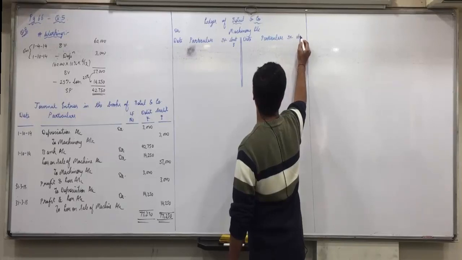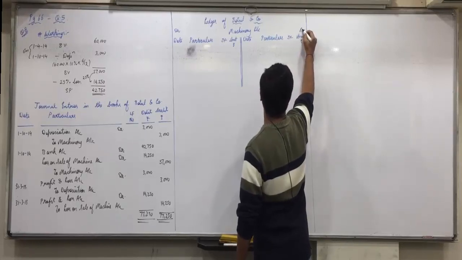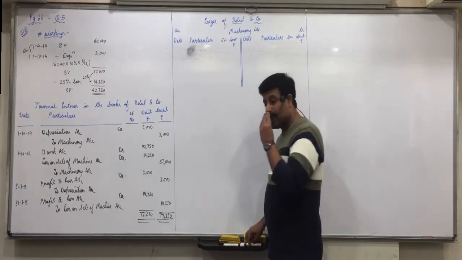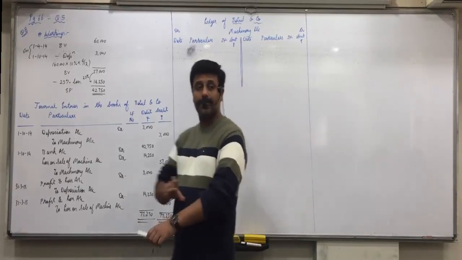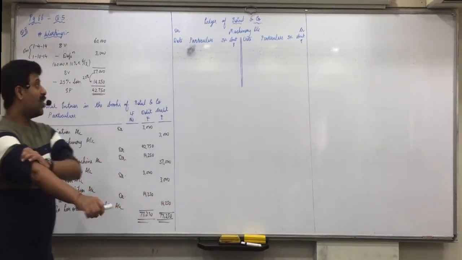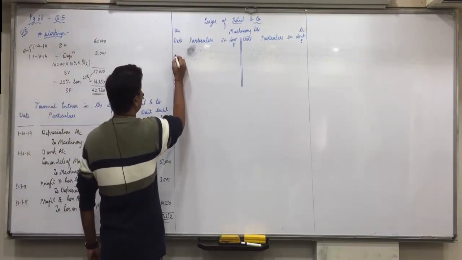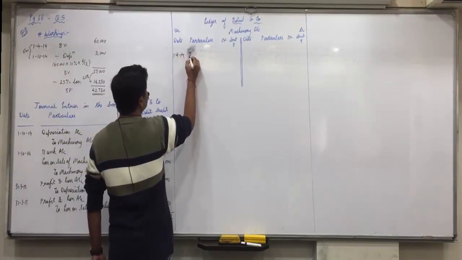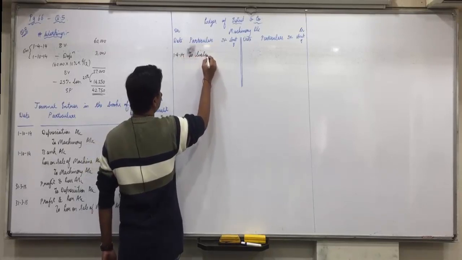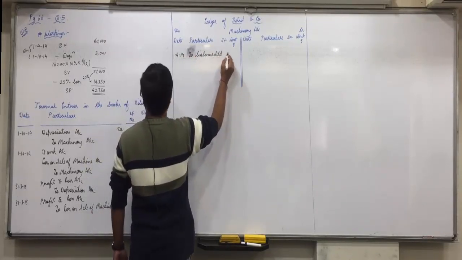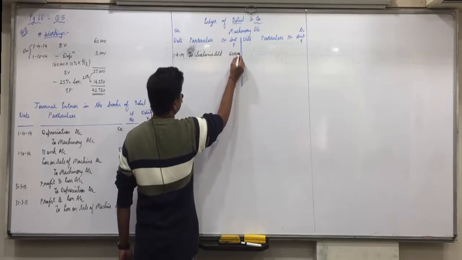From the journal itself, we have to make the ledger. First of all, book value means opening balance. So on debit side, you will write to balance brought down 60,000. Any confusion in this?